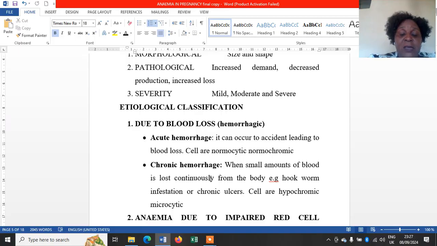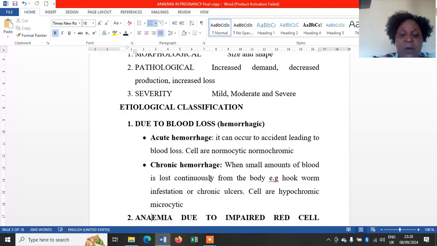Hemorrhagic anemia can be acute, which can occur due to an accident leading to blood loss, like PPH, that is when the mother has delivered, or a pregnant mother having an accident. This mother will have what we call acute hemorrhage, or chronic hemorrhage, when small amounts of blood are lost continuously from the body, for example, in cases of hookworm infestations or chronic ulcers.